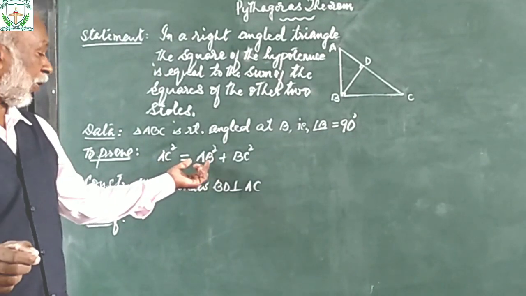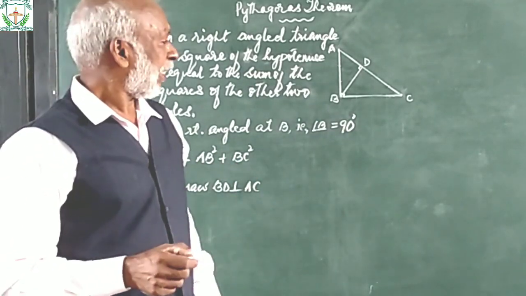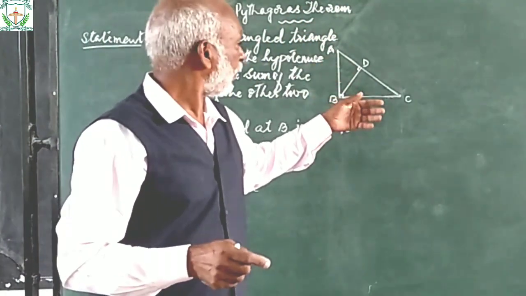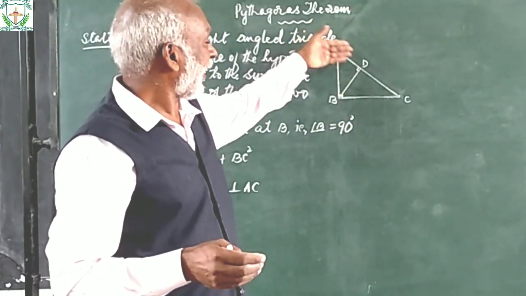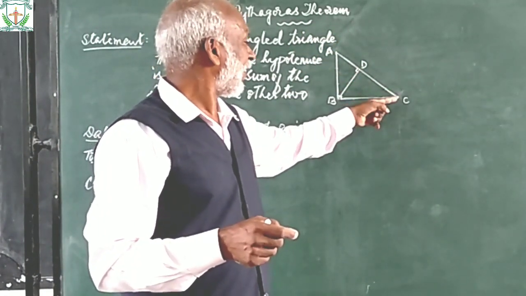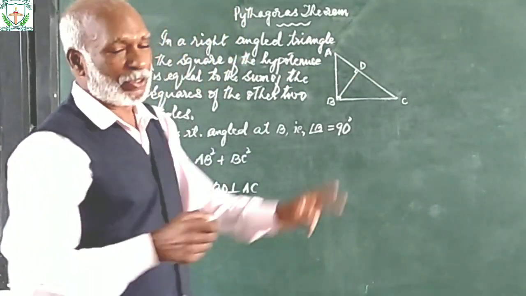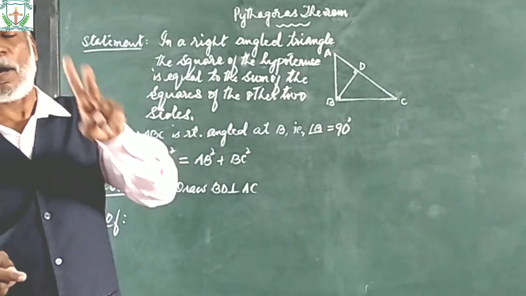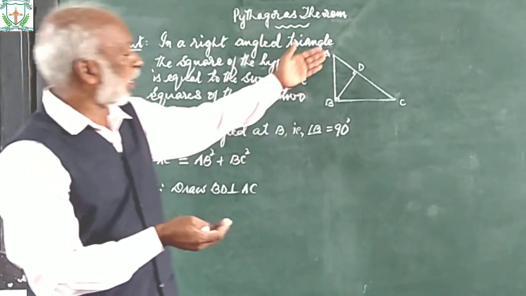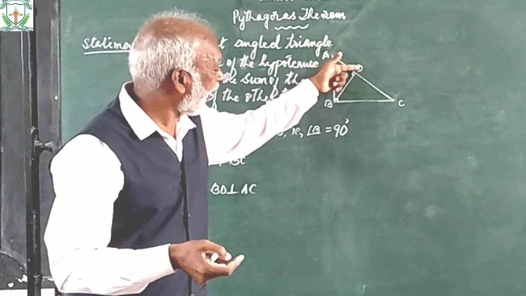So next thing is proof. AC square is equal to AB square plus BC square. So now totally you have three triangles here. Triangle ADB, triangle BDC and triangle ABC. Out of these three triangles, you have to take two triangles. So we will take triangle ABC and triangle ADB.